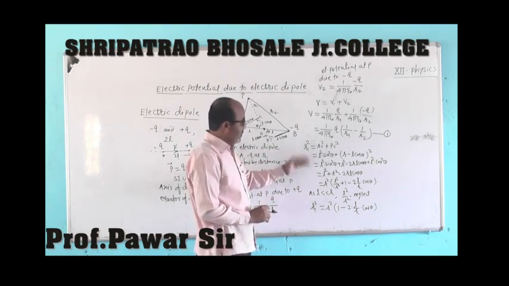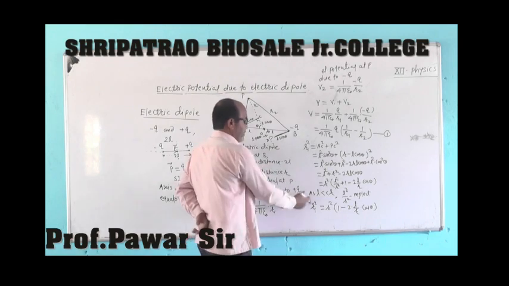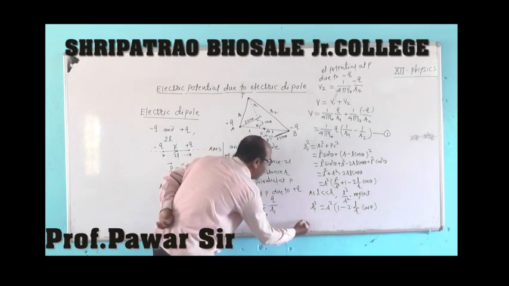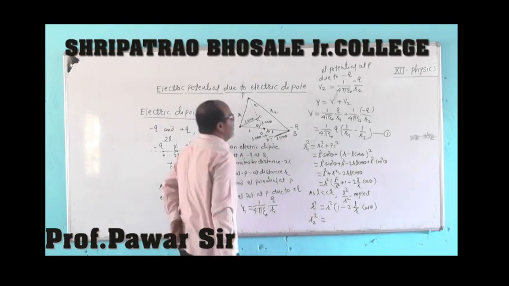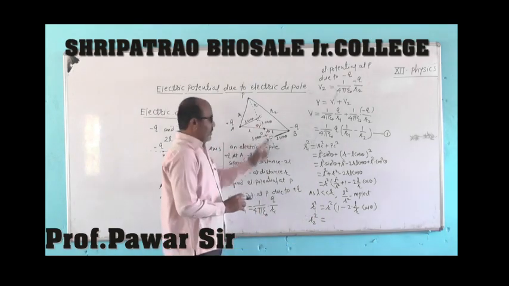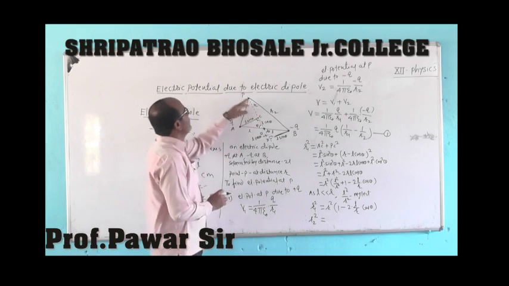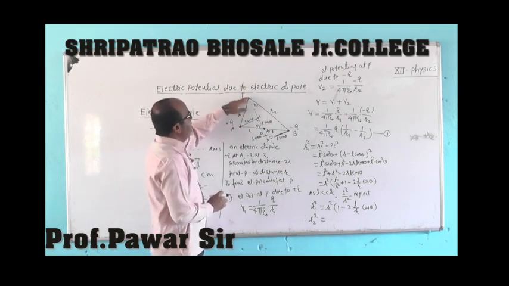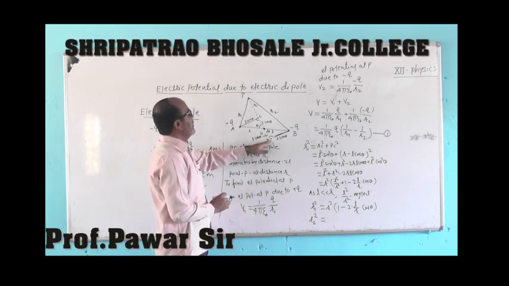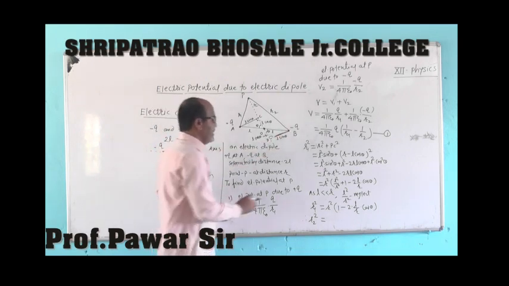Similarly, we can find the value of R2. R2 square equal to, this is hypotenuse R2, PD square plus BD square.